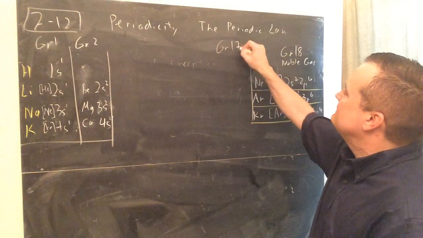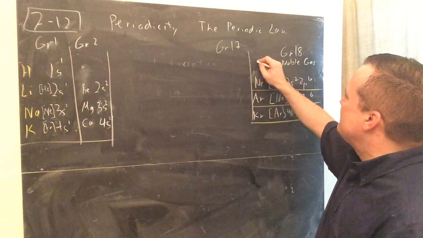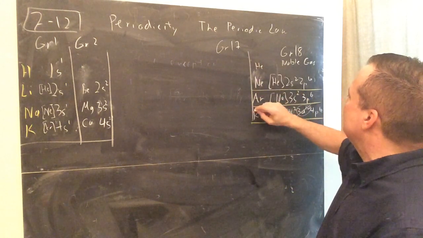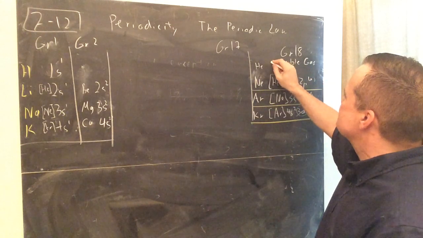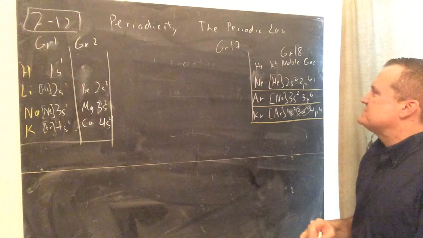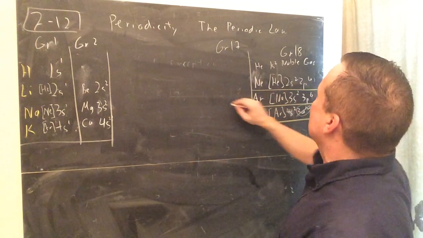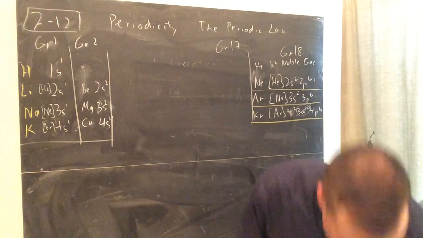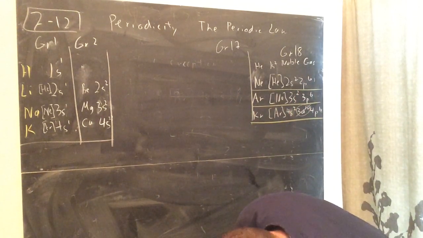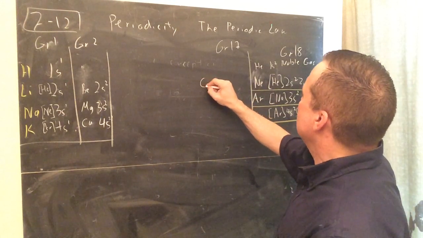Group 17 is going to be like fluorine, chlorine. Well, helium will be up here also, by the way. I didn't put helium. It's just going to be 1s2. Now, here's something interesting. I'll tell you that in a second. All of these are just going to have 1 electron less. Like if you get down to fluorine, chlorine, bromine, and iodine.